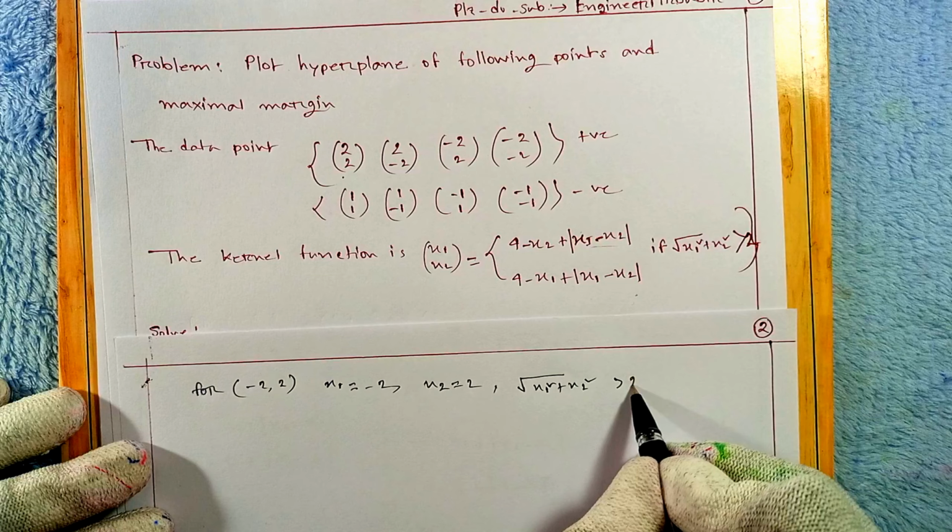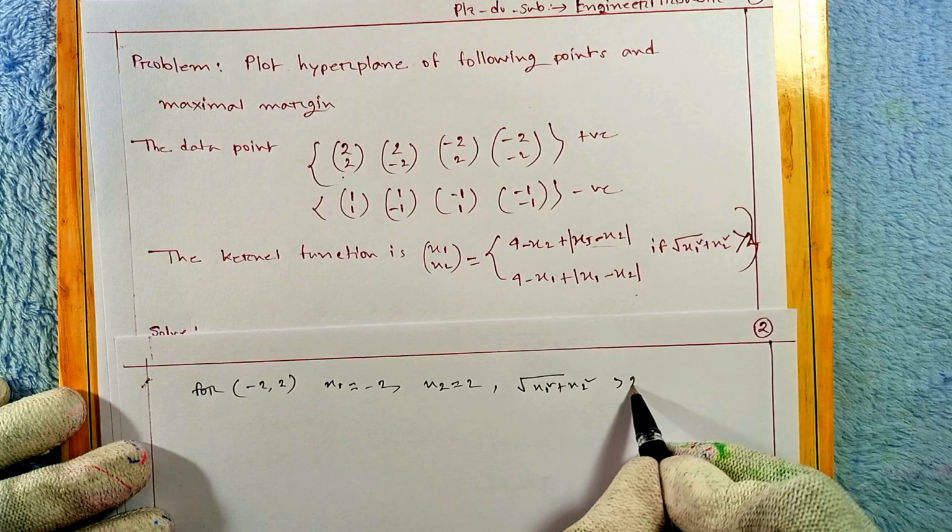Okay, now we have to find it for the next data point, that is (2, -2). Here x1 value is 2 and x2 value is -2. Let's check whether this condition is satisfied or not. It is root over x1 square plus x2 square greater than or equal to 2. This value will be root over 8, so the condition is satisfied.